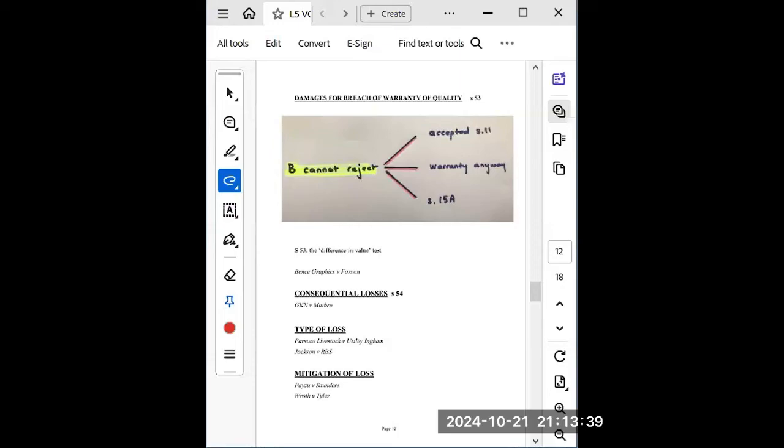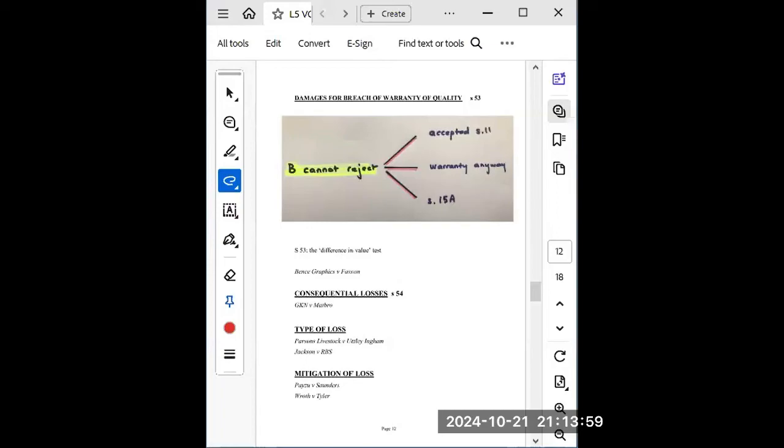But once the buyer has used the goods for the intended purpose and sold it on for full value, to award the difference in value would mean the buyer essentially gets the raw materials for free.